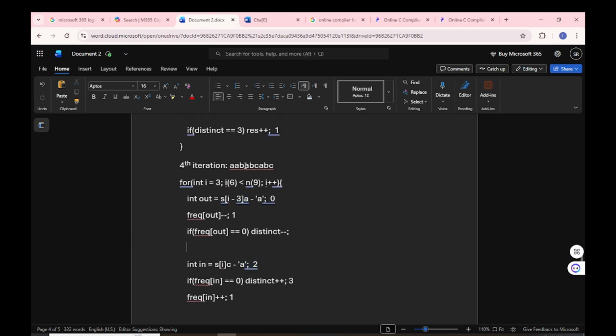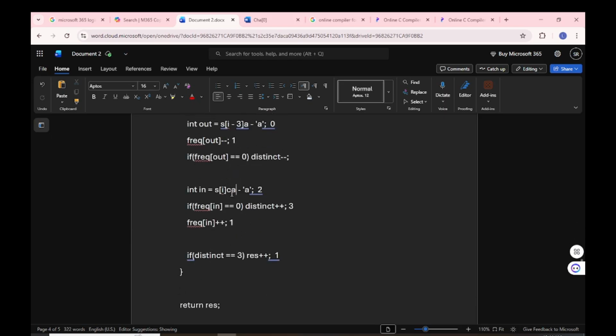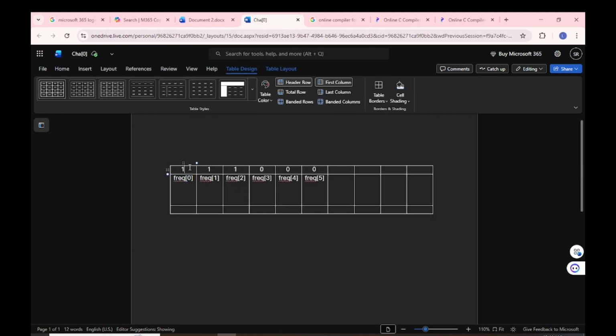And now frequency in, right? So 6, 0, 1, 2, 3, 4, 5, 6. So a would be here again. a minus a, that means the first one 0, right? So if frequency in equal to 0, distinct plus plus. This is not 0, distinct will not be increased. And we have to provide here 2.